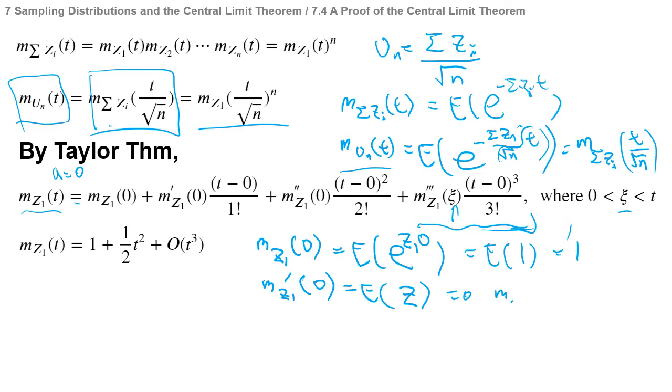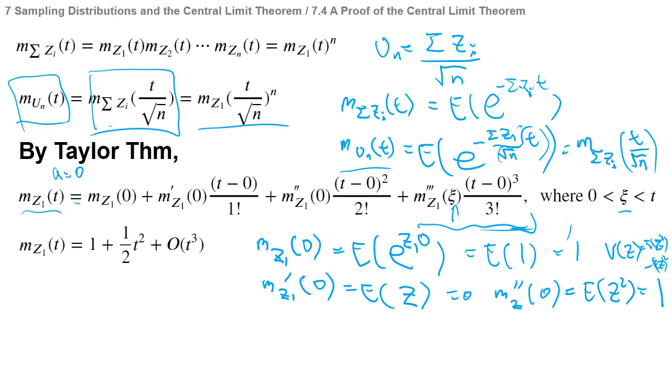And what about the second derivative at 0, which is the expected value of Z squared, which is actually the variance of Z, which is expected value of Z squared minus (expected value of Z) squared, which is 1 minus 0, so it is 1.